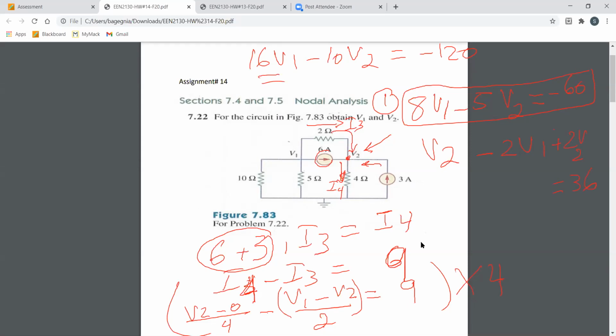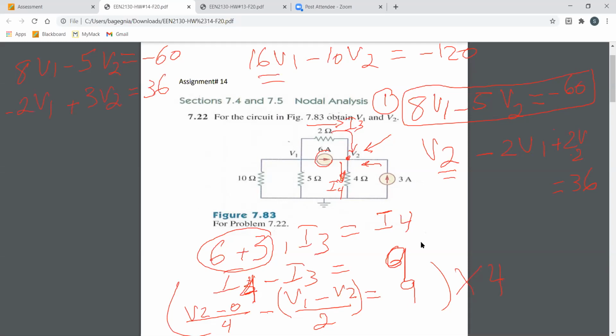I'm going to write down the first equation, and then the second equation, where I want to collect the similar terms. We have 2V2 and V2, which will be 3V2, but I need to rearrange. Always put V1 first, plus 3V2 equals 36.